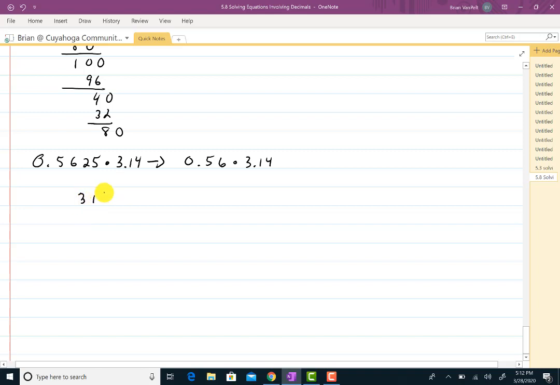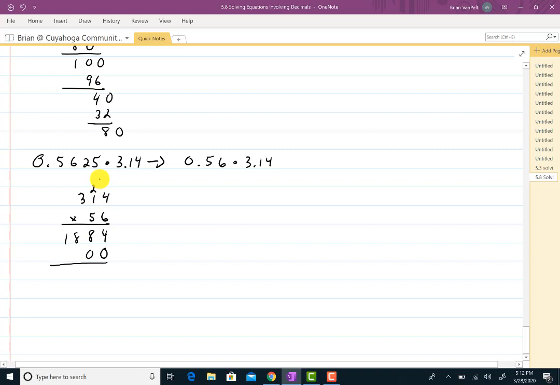So I'll do 314 times 56, and when I'm done, I have 1, 2, 3, 4 decimal places that I have to account for. 6 times 4 is 24, carry the 2. 6 times 1 is 6, plus 2 is 8. 6 times 3 is 18. 5 times 4 is 20, carry the 2.